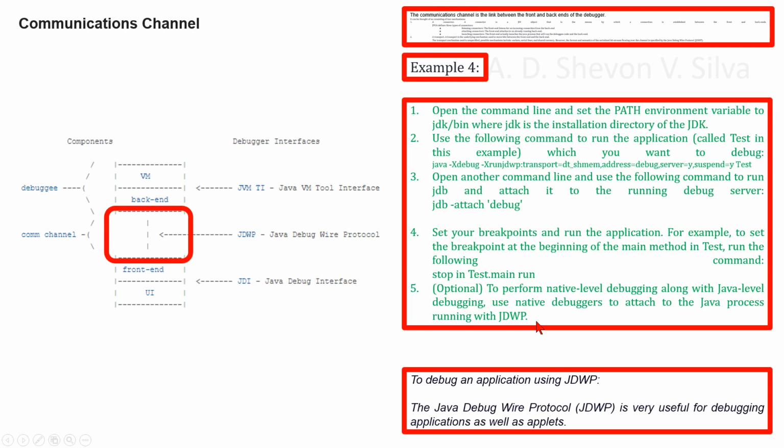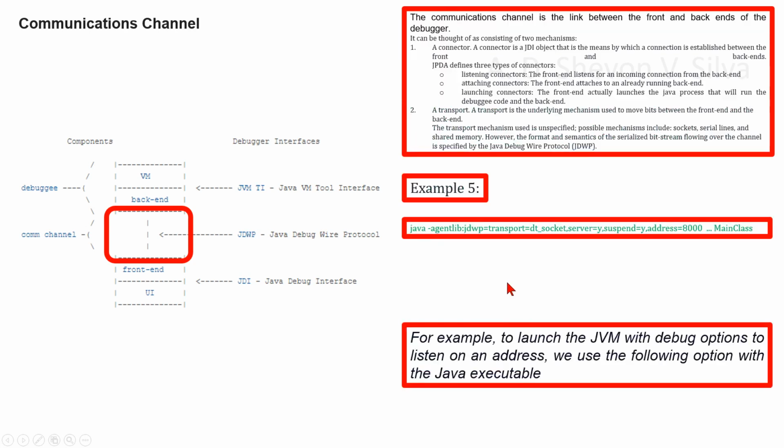As example 5, we can consider this example here. For example, to launch the JVM with debug options to listen on an address, we use the following options with the Java executable.